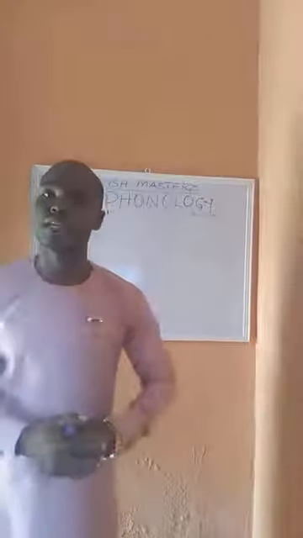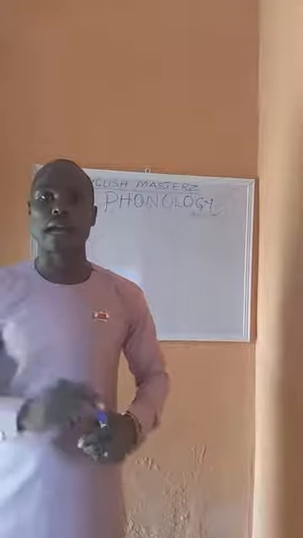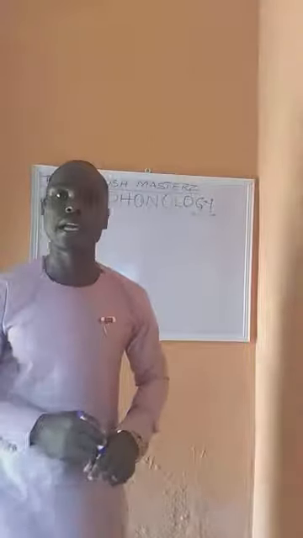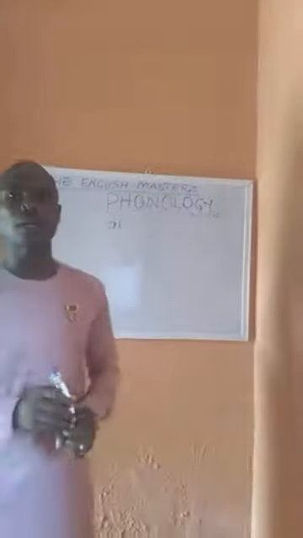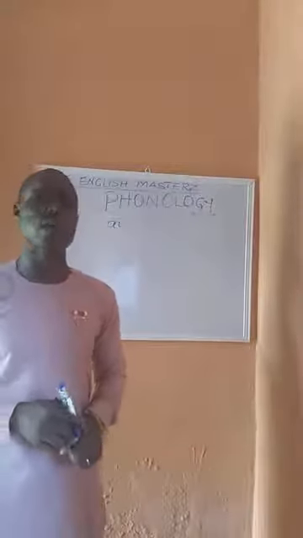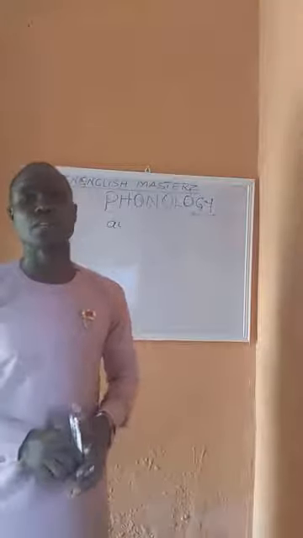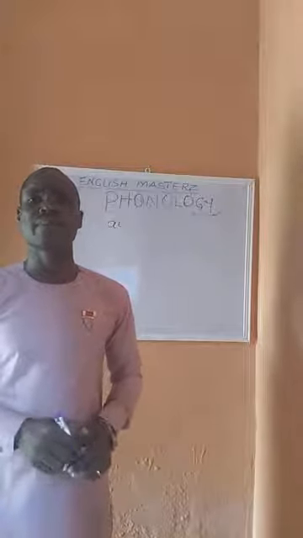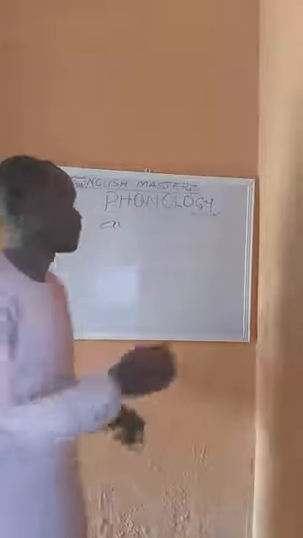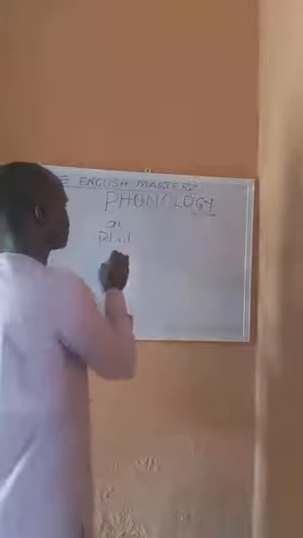So another realization is found at AI, the combination of the letters A and I. What are the examples of words where the letters AI show realization for the short A sound? We have P-L-A-I-T.